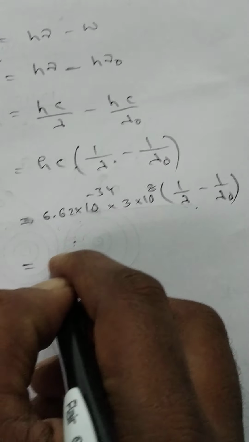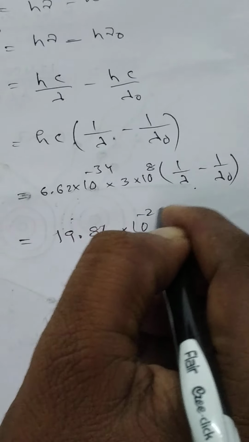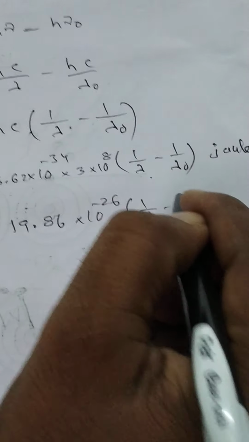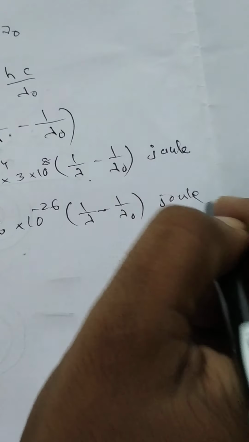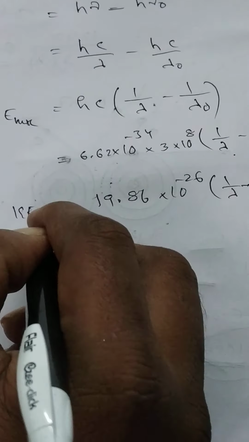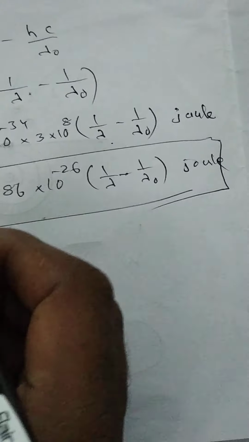On multiplying this, it is 19.86 into 10 power minus 26 into 1 by lambda minus 1 by lambda naught in joules. So the maximum kinetic energy of the photoelectron is this formula.